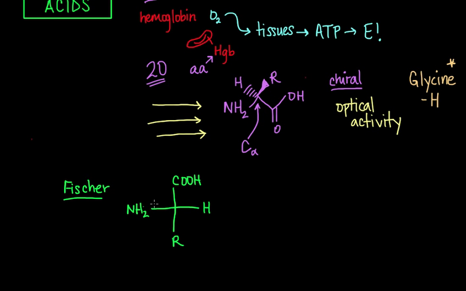And then you have the four groups coming off of the chiral carbon. And the horizontal bonds here, you can kind of picture those as coming out of the plane of the computer towards you. And then these vertical bonds here are going into the plane of the computer away from you. And this particular configuration is called an L amino acid.